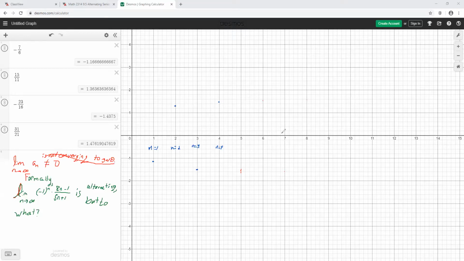And that would mean that we would have to continue and explore further. What else is possible when they alternate? They don't get closer and closer to 0 alternating. That would be like this.